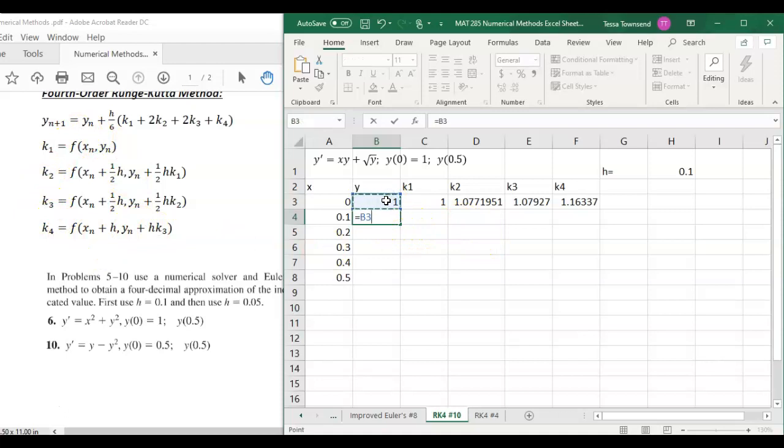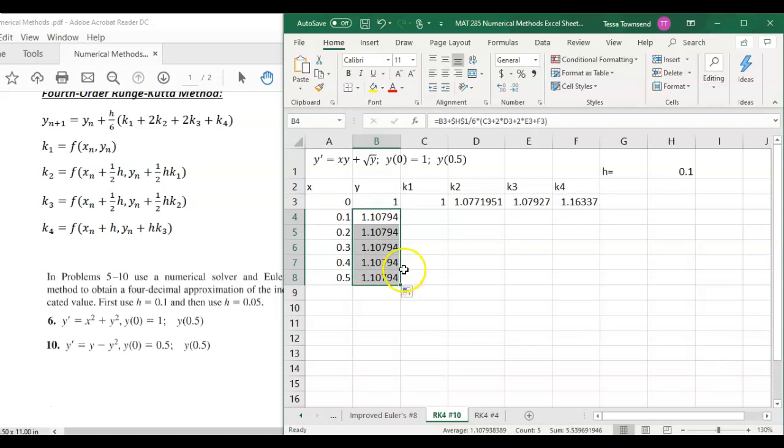So it's y sub n plus our h divided by 6 times k1 plus 2 times k2 plus 2 times k3 plus k4. So now I'm going to copy all the formulas down. And we won't see what's supposed to be down here until we copy everything else.